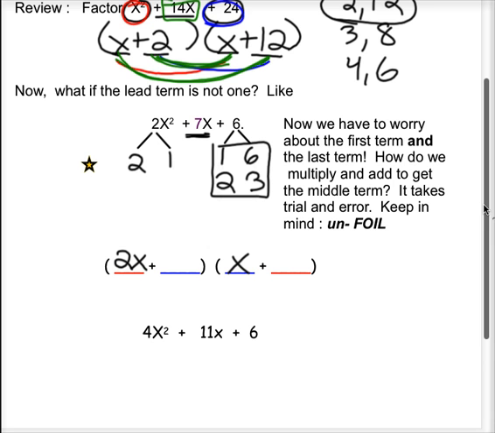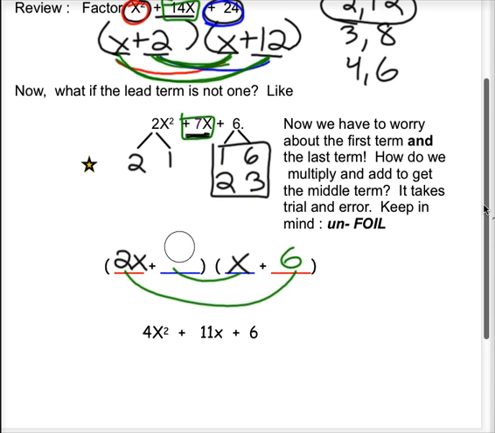So what I mean by that is I'm going to plug in the 1 and the 6. And I'm going to see, because remember we talked about that middle term, that 7x, is going to come from connecting those and connecting those. So 2 times 6 gives us 12, plus 1, well, that gives us 13. So that can't possibly be the combination that we're looking for.